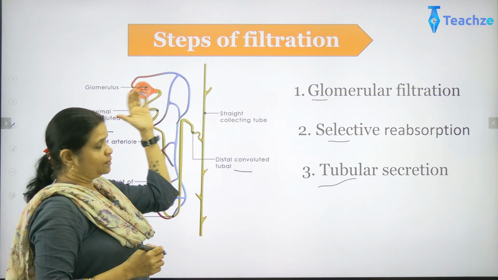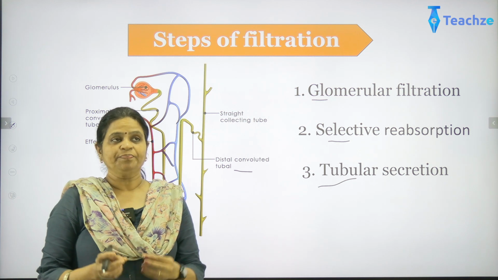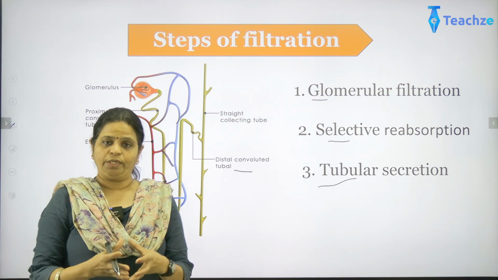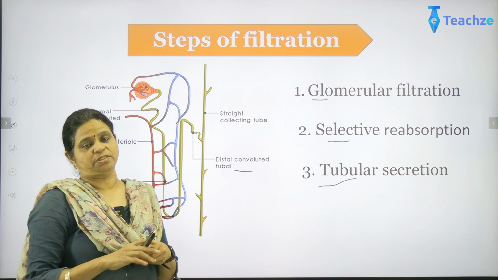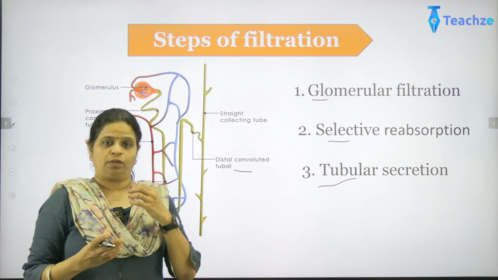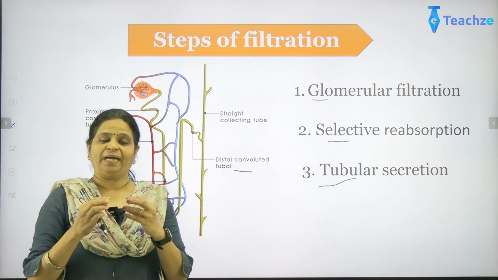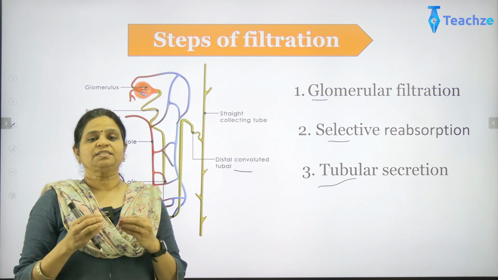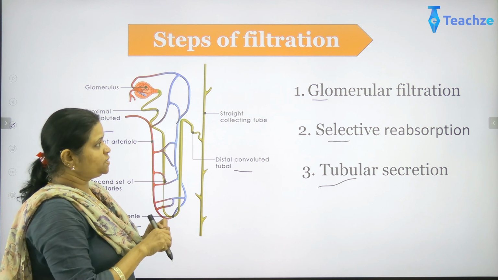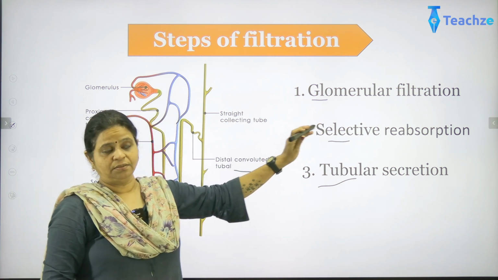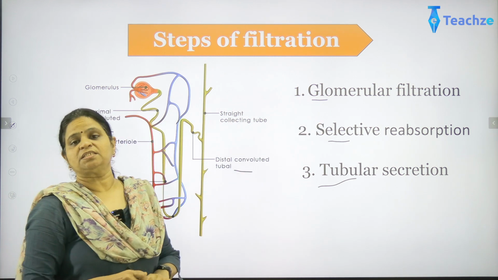As ultrafiltration takes place, the plasma and the bigger molecules will not be filtered through the glomerulus. When we talked about the glomerulus, we said that it cannot filter macromolecules as well as certain kinds of proteins. Once glomerular filtration is done, the filtrate reaches the PCT.